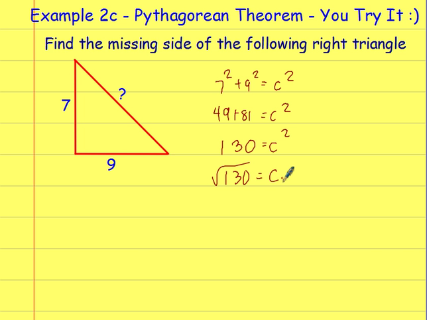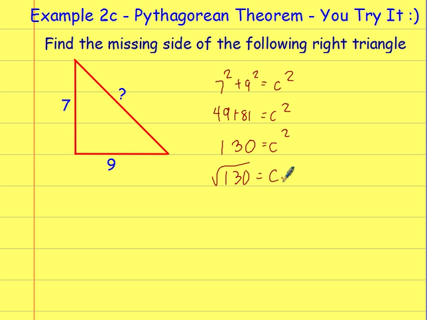Did you find any factors? So 10 and 13 are 130, but what's the problem? Neither one of those is a perfect square. So there is none. So if there are no factors of your radicand, this is your answer. Okay? I do not want the decimal. So your answer is the square root of 130.